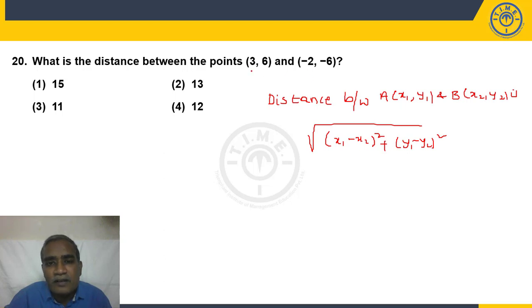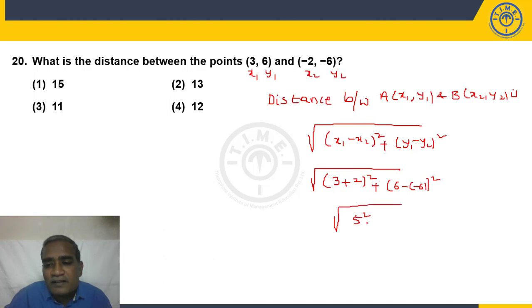This one you have to remember. This is x1, y1. It is x2, y2. Square root of 3 minus of minus 2 whole square plus 6 minus of minus 6 whole square.